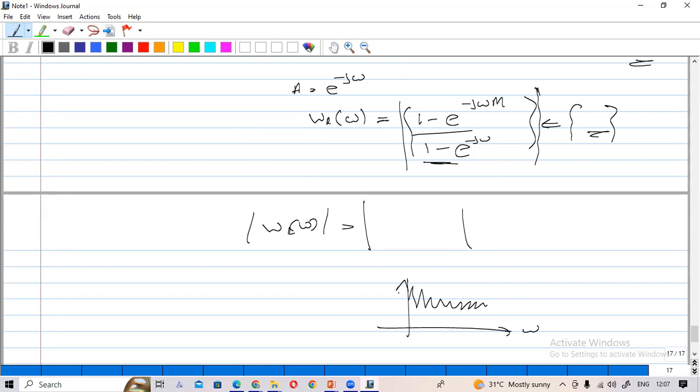Maybe you can plot this in MATLAB, the absolute value of W_R(omega) with respect to omega. So you will have this kind of function.